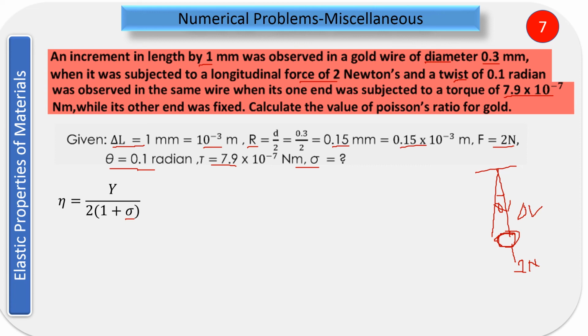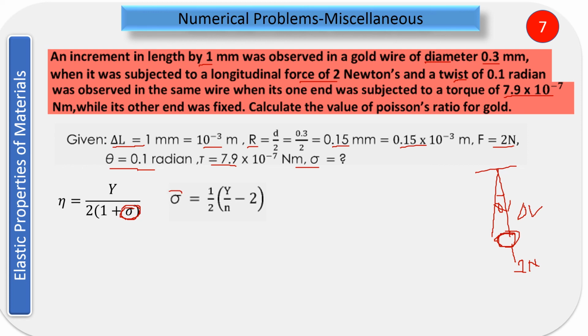So now you have to calculate the value of sigma, where all these values are given to you. This is what is required to be solved. So from here, I am going to rearrange this and take out sigma.